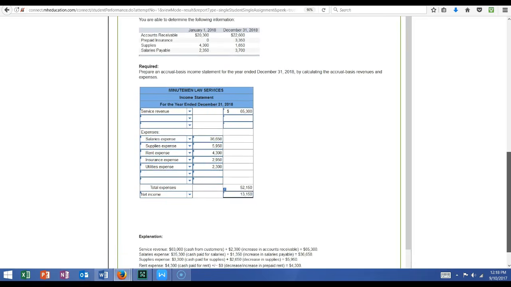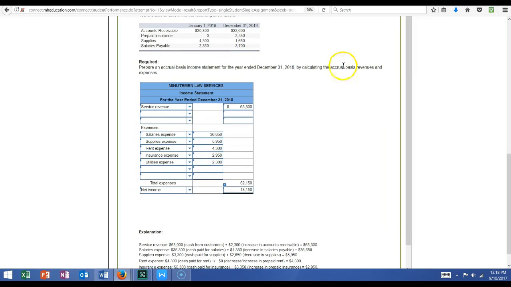Now the way this McGraw-Hill shows it is the accounts receivable increased $2,300. So it went from $20,300 to $22,600, which is a $2,300 increase. So they're doing $63,000 cash plus the $2,300 increase gives you the $65,300 also.